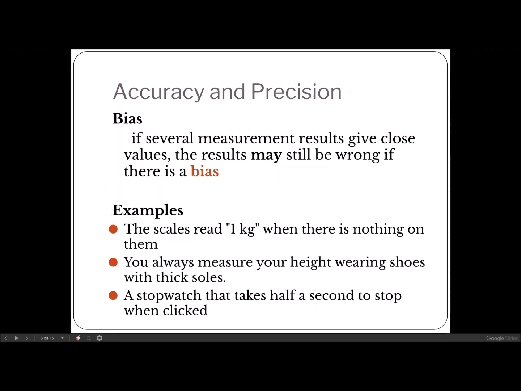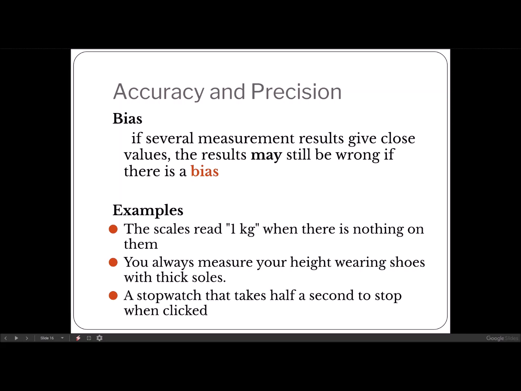Okay, there is one more terminology that I want to introduce to you related to accuracy, which is referred to as bias. If several measurement results give close values, but the result is wrong, then there is a bias.